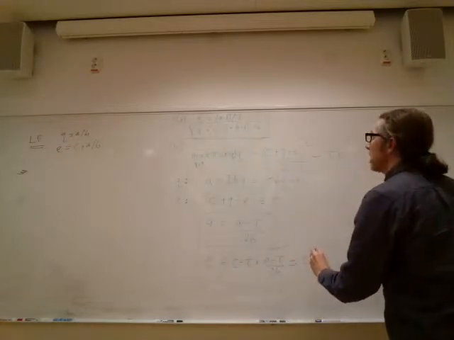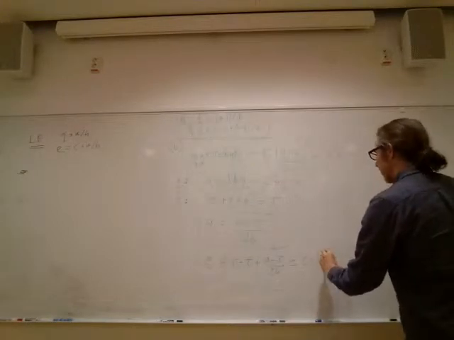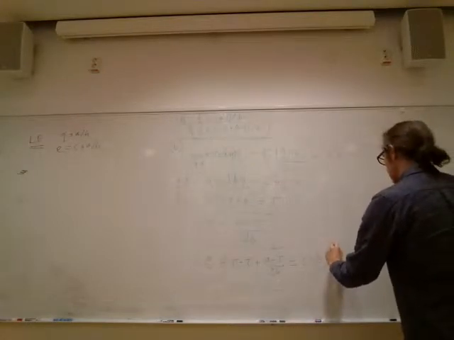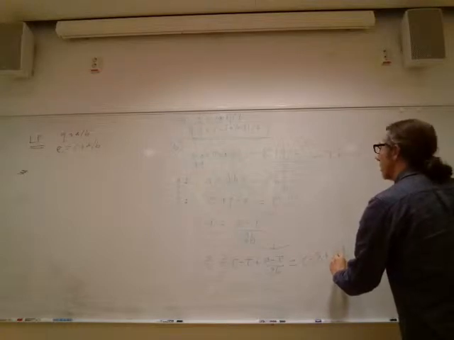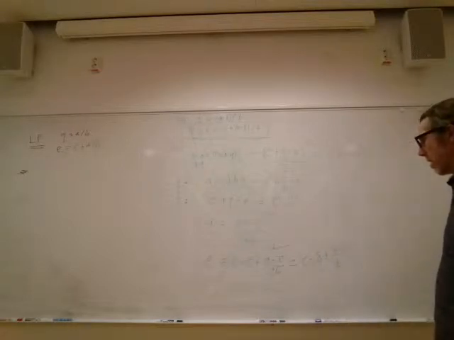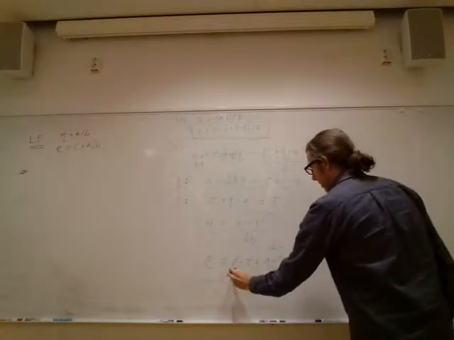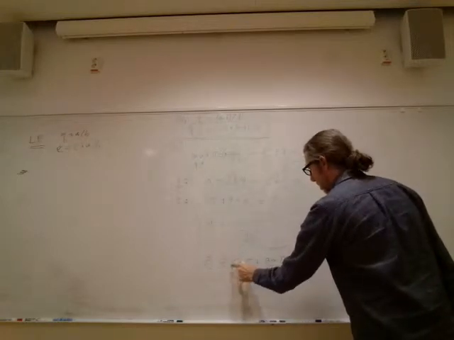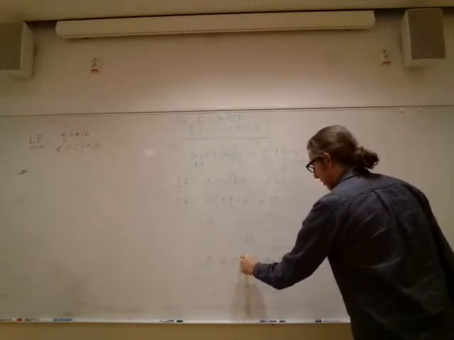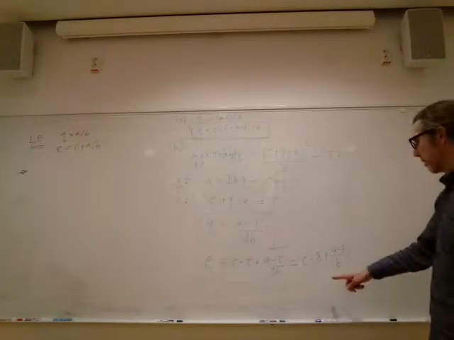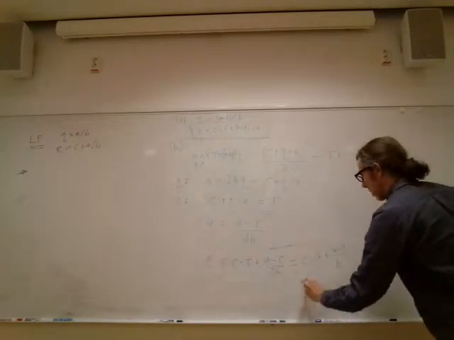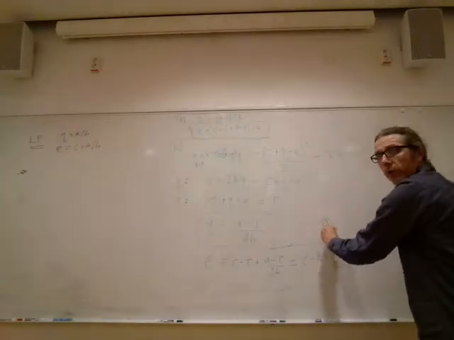C minus delta plus A minus delta, C, sorry, can't cancel these because then that E is not going to be right. So let's just do a therefore sign.